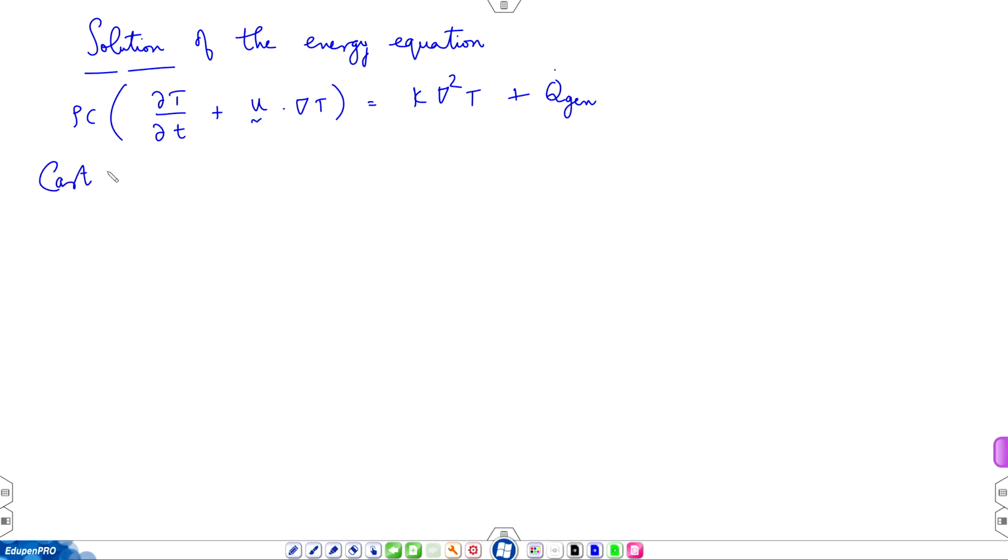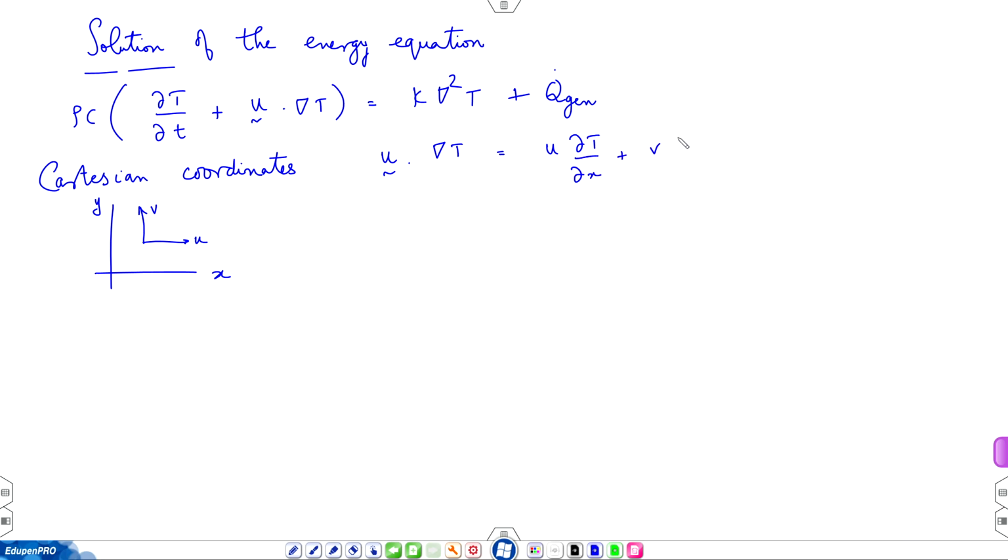Suppose you want to solve in Cartesian coordinates, then you have to express, so, which in our shorthand notation is u T_x plus v T_y.